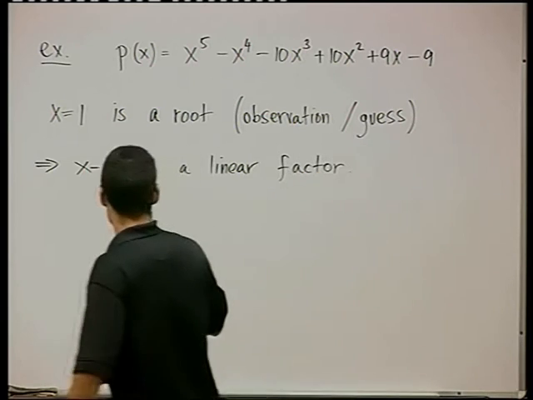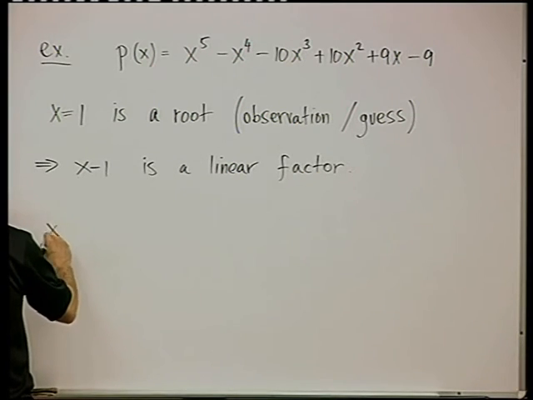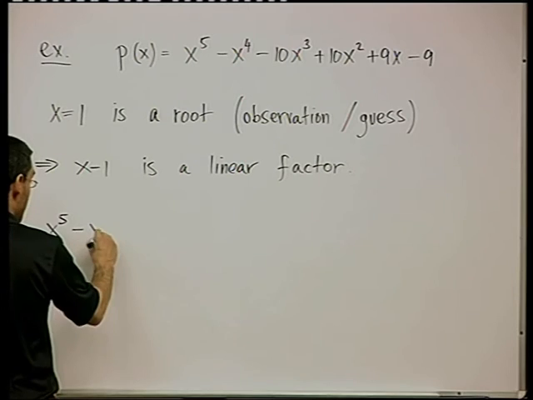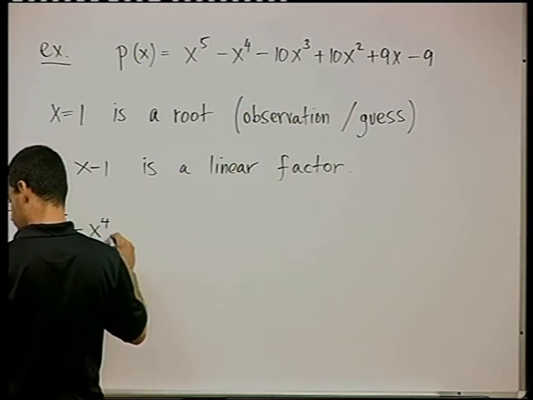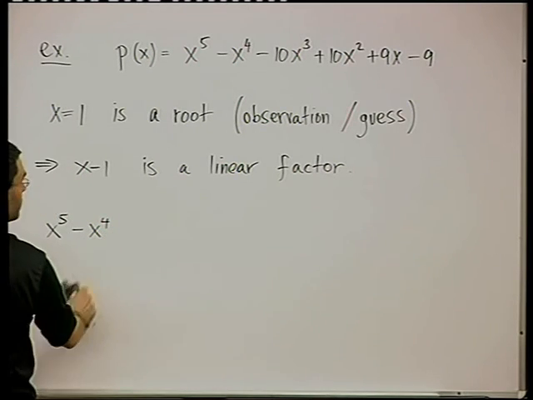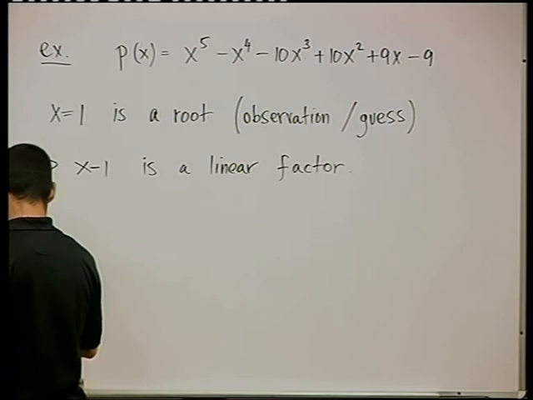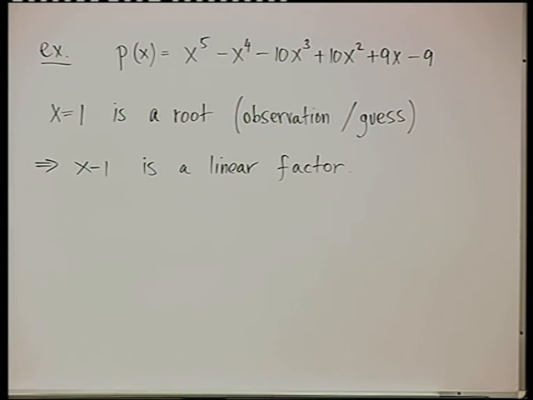Okay? So I'm going to divide x to the power 5 minus x to the power 4. I'm verifying that I'm going to have enough space here, and I'm not. So let's take a new board. So I'm going to divide the two polynomials and see what the quotient is.